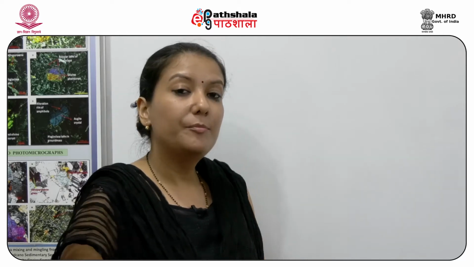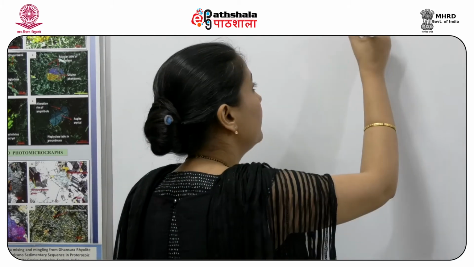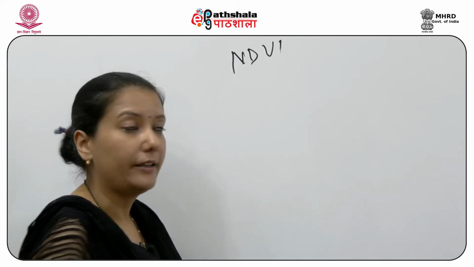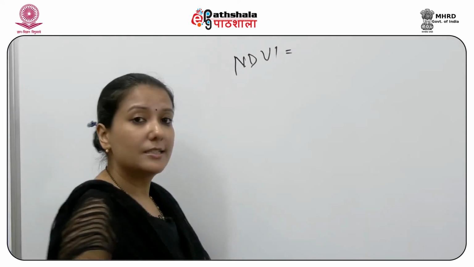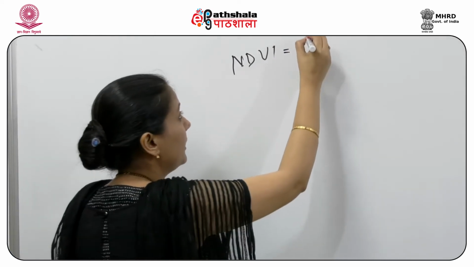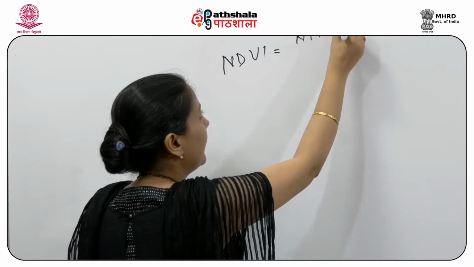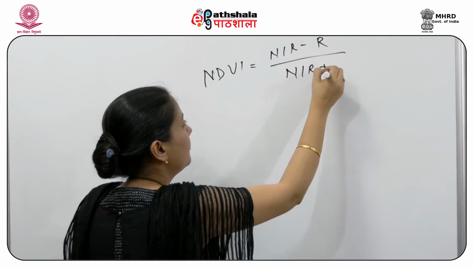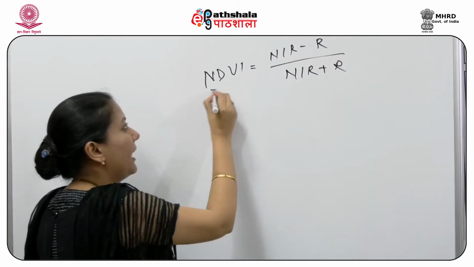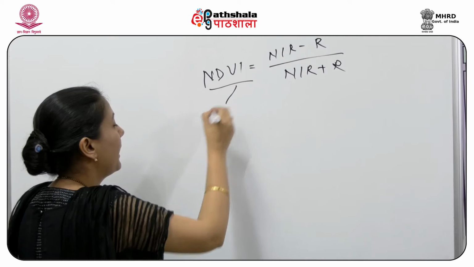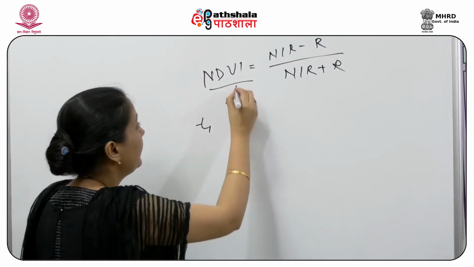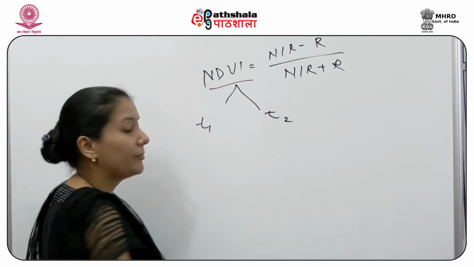For example, you have NDVI. What is NDVI? NDVI is the Normalized Difference Vegetation Index. In a single image, NDVI is calculated as the ratio of NIR minus R upon NIR plus R. So you can have this NDVI value at time t1 from satellite image 1 and at time t2 from satellite image 2.